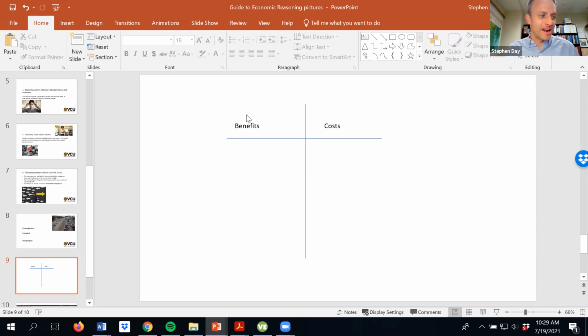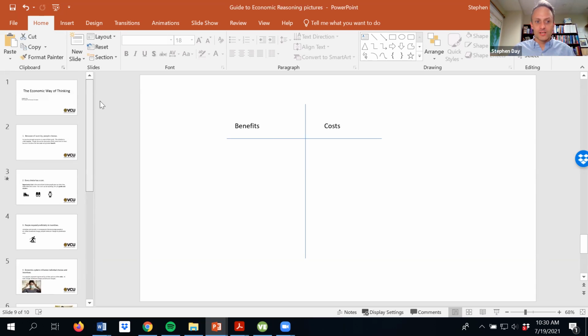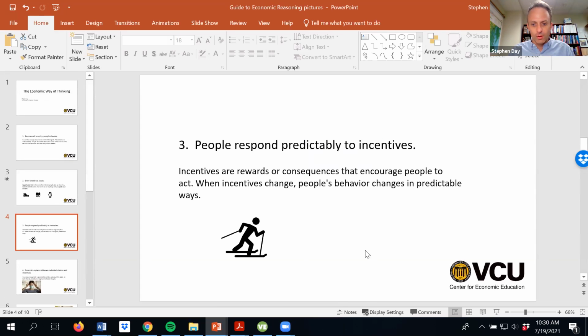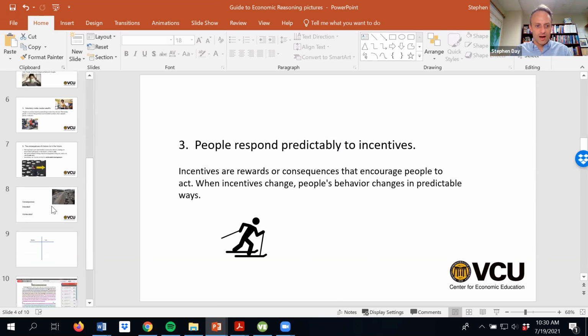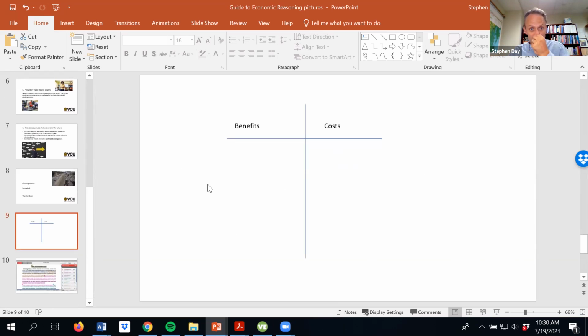Cost and benefit analysis, you can use it for yourself. You can use it to analyze a person in history. You can use it for somebody else. But this is where we get to our most basic issue here: people respond predictably to incentives. You're going to line up people's incentives. So we already talked about your incentives to come to this institute, your benefits and your costs.